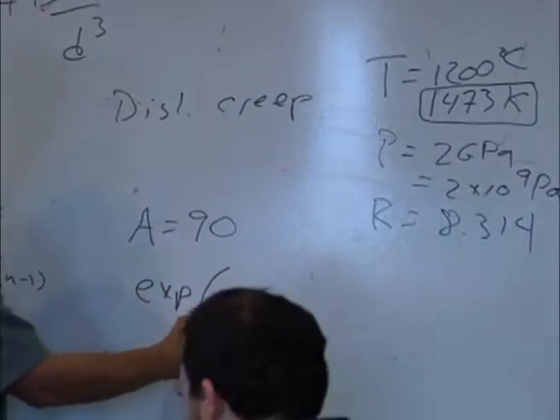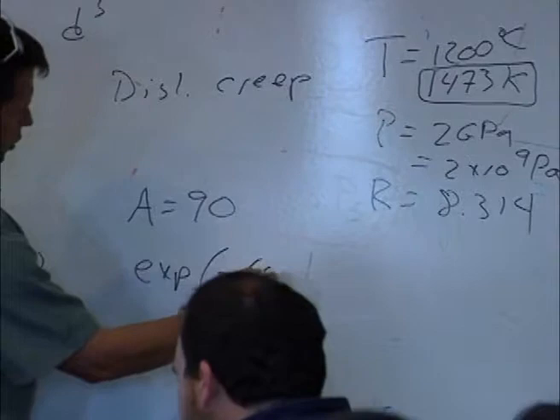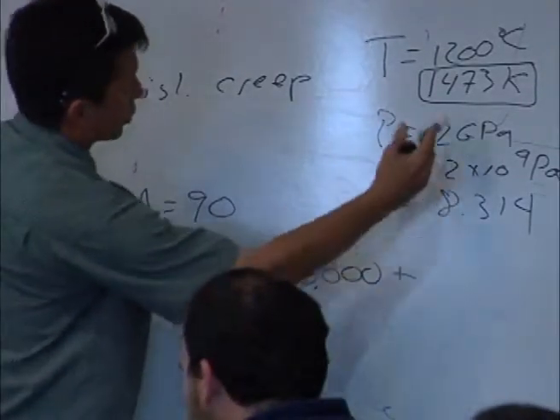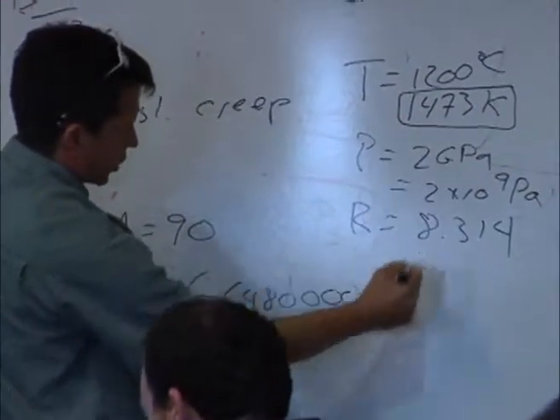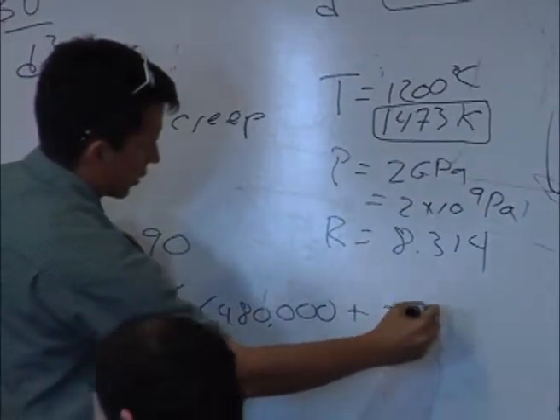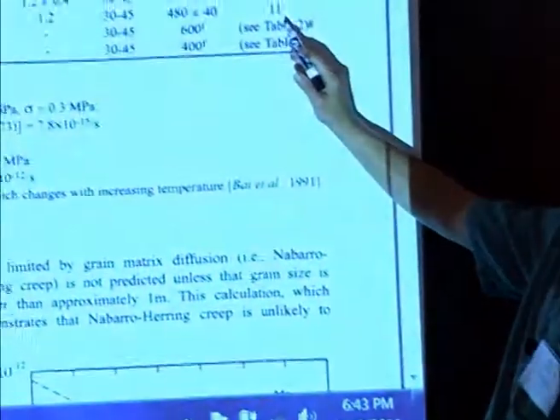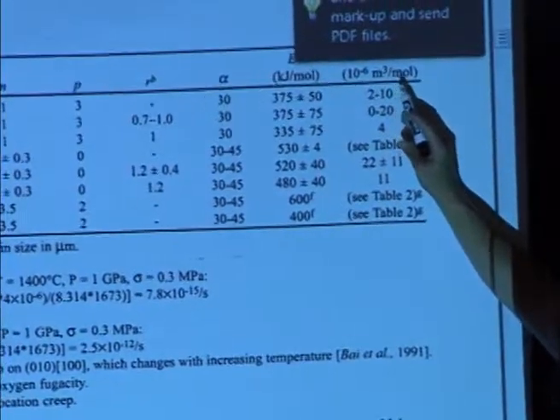So this Arrhenius term is going to be minus 480,000 plus PV. So that's 2 times 10 to the 9th times the activation volume for wet dislocation creep, which is 11 times 10 to the minus 6 meters cubed per mole.